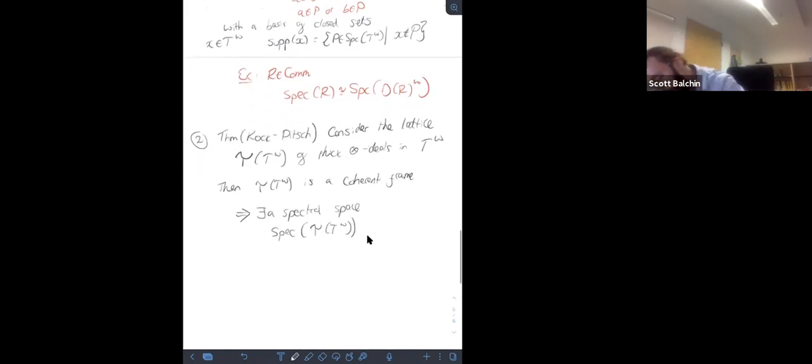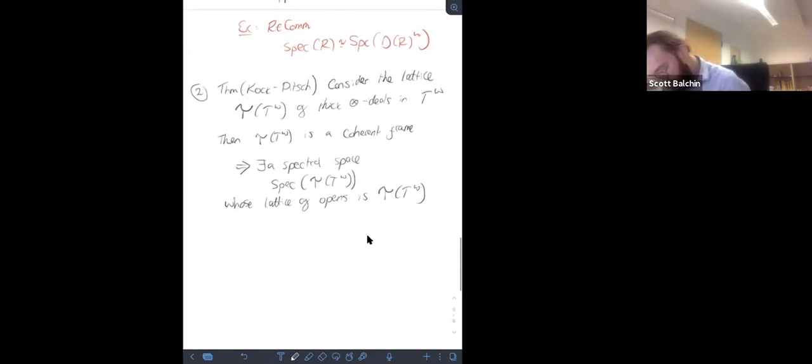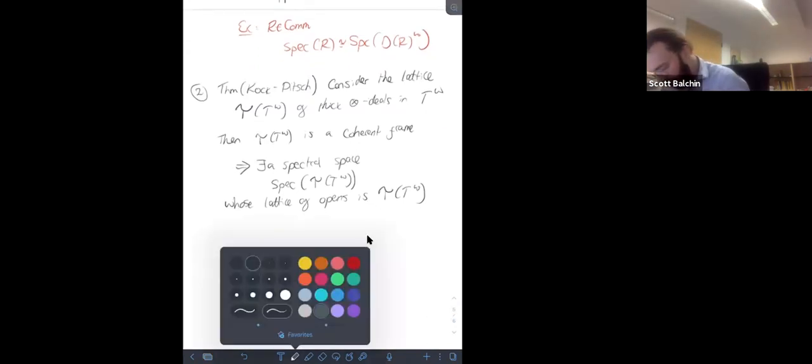So there exists a space, a spectral space even, Spec of T of T omega, whose lattice of opens is this lattice that we began with. Okay. So they proved that there is this space.